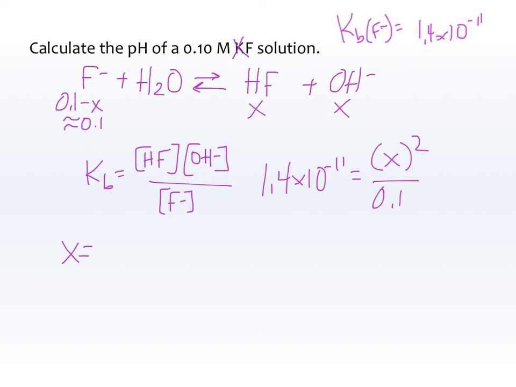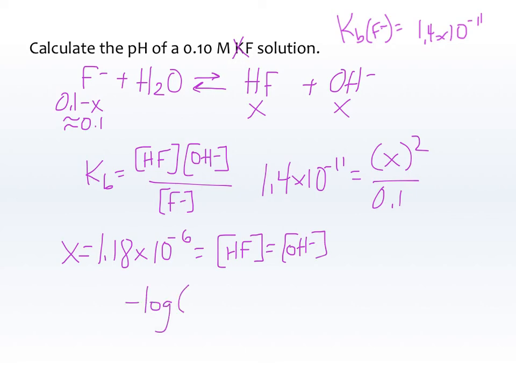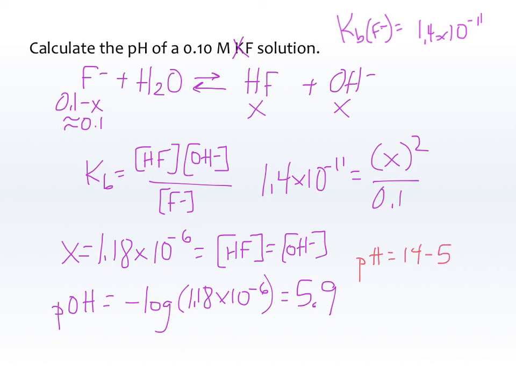X is equal to 1.18 times 10 to the negative 6, which is HF, and also OH minus. So when you take the negative log of 1.18 times 10 to the negative 6, you get 5.9, that'll be your pOH, not your pH. So pH is 14 minus 5.9, which gives you 8.1. Check yourself, check your answers, see if you got the same thing that I did.